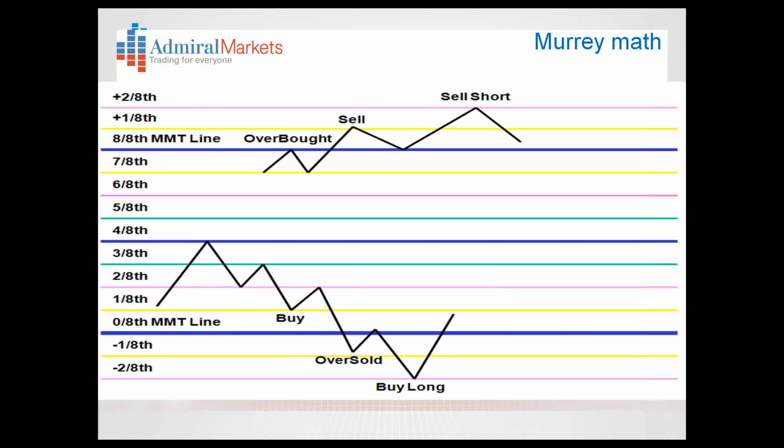Then we are entering a premium selling zone at +1/8 and +2/8, and premium buying opportunities are at -1/8 and -2/8, because those two tend to give the best risk to reward ratio.